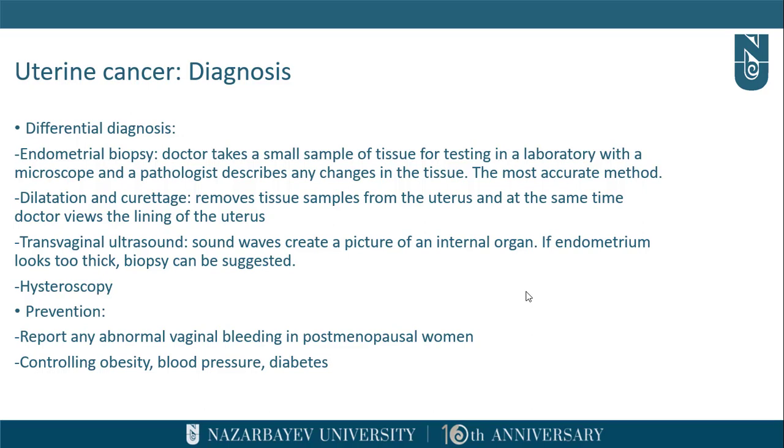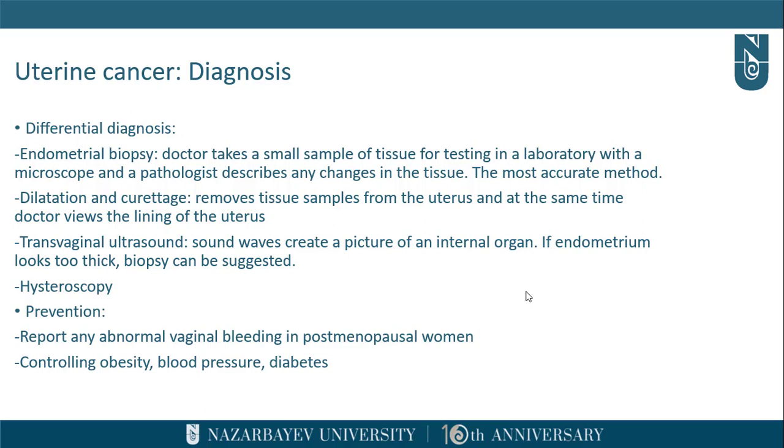Biopsy is taking a small sample of tissue in the uterus for testing in a laboratory, where the tissue sample will be observed under the microscope, and the pathologist will give his result on whether there are abnormal changes or normal changes, and that will be the most accurate method used for diagnosis.